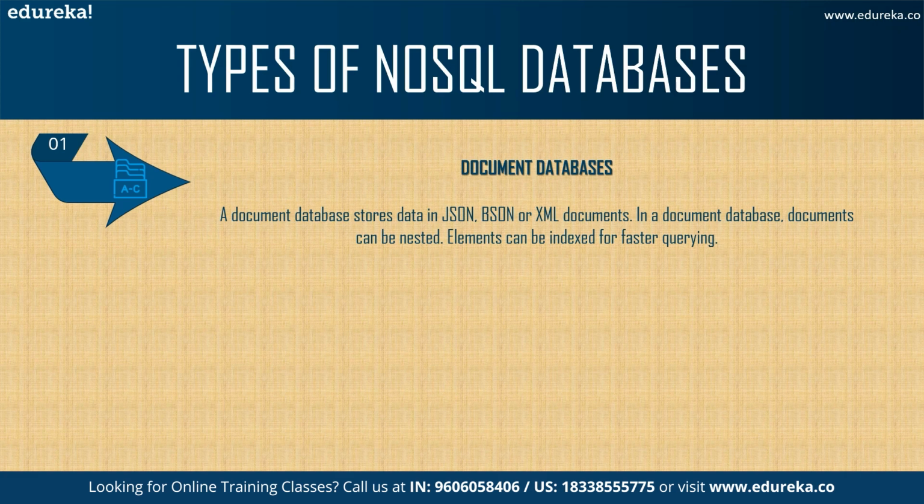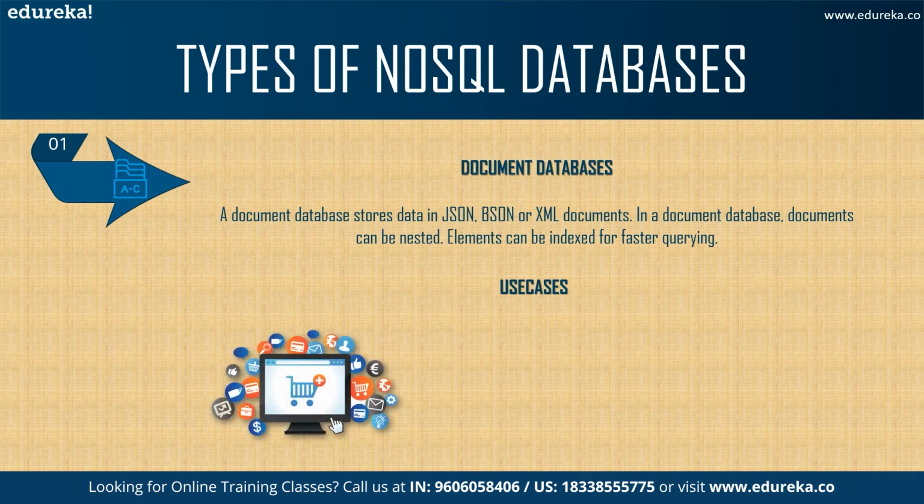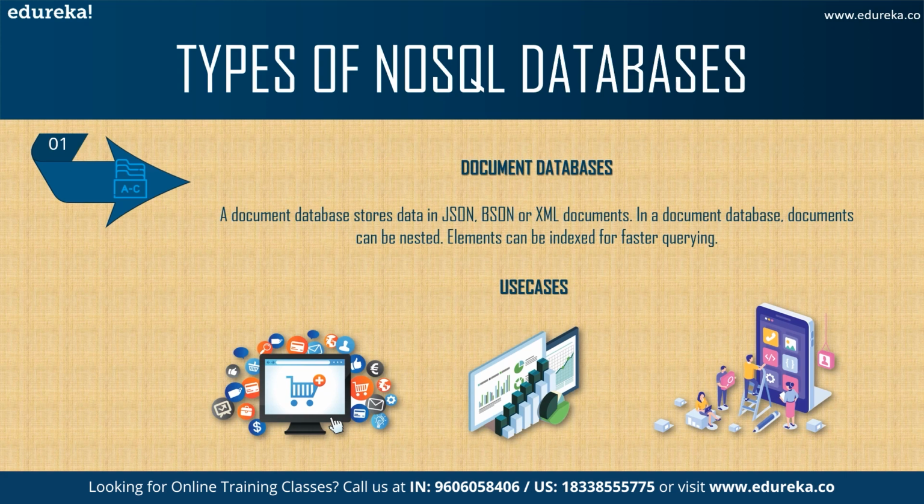Document databases are popular with developers because they have the flexibility to rework their document structures as needed to suit their applications. Now, with that being understood, document databases are popularly used in e-commerce platforms, trading platforms, or even mobile app development across all industries.